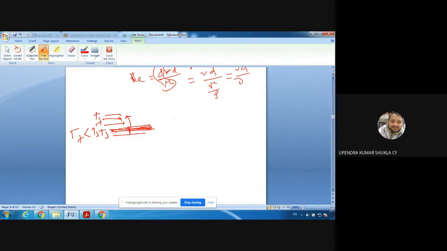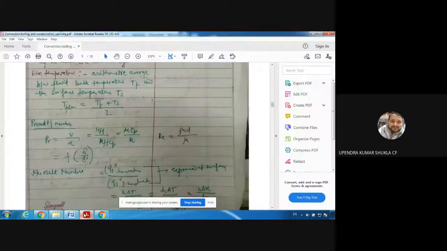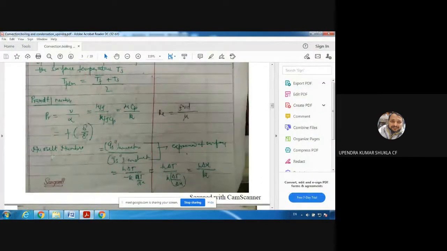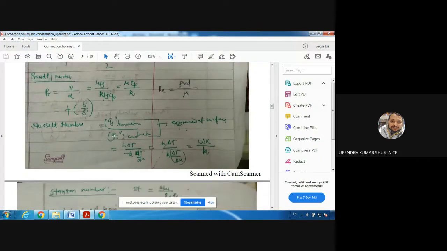The ratio of these two, since heat transfer fluxes have the same unit, will become one more dimensionless number, called the Nusselt number. So the Nusselt number is q_s double dash convection divided by q_s double dash conduction.